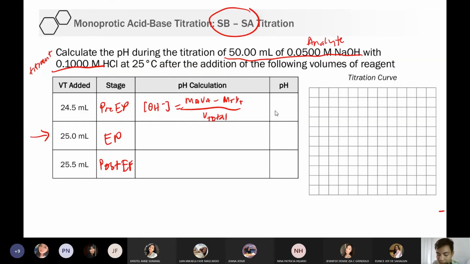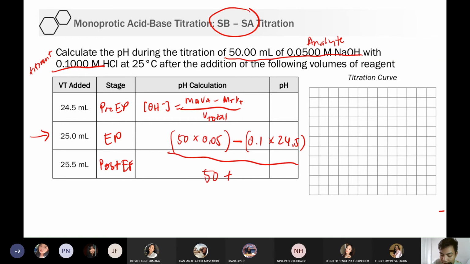Okay. So, yan. Let's plug in the given. So, molarity analyte, that's 50 times 0.05 minus molarity ng titrant 0.1 times 24.5 divided by total volume 50 plus 24.5. So that will give us the concentration of OH.